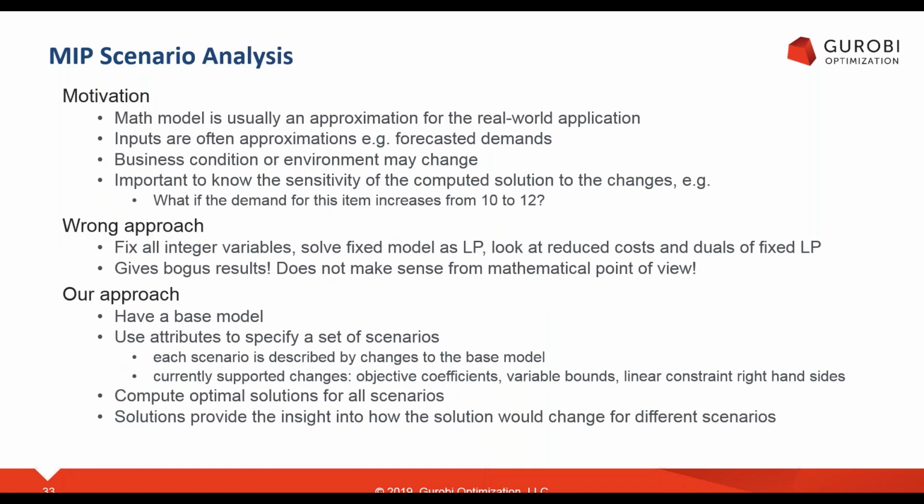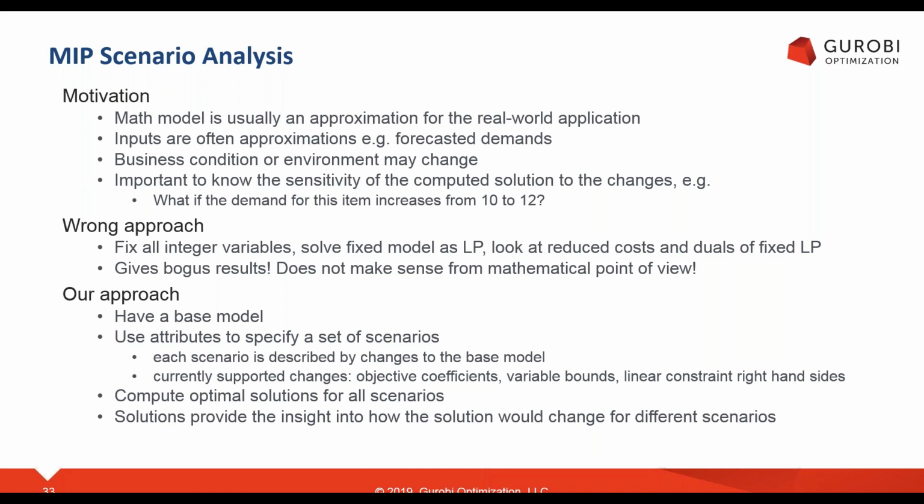The motivation for this is that a math model is usually just an approximation for some real-world application. The inputs for the model are often just approximations or just forecasted demands, for example. That means also that the business conditions or the environment may change over time.